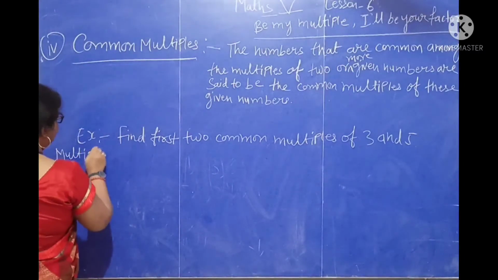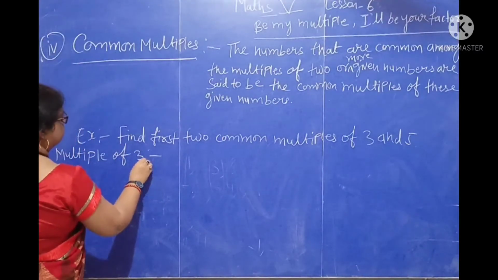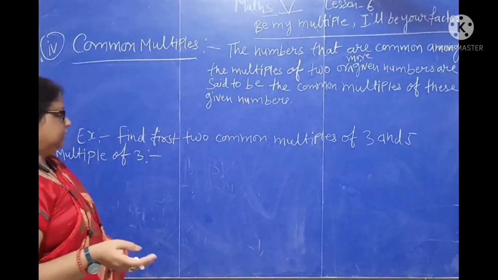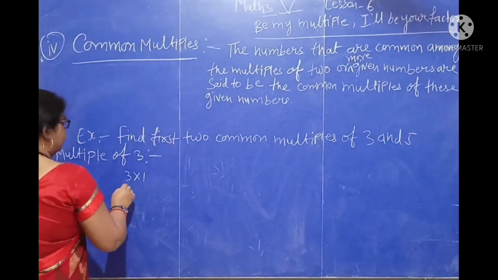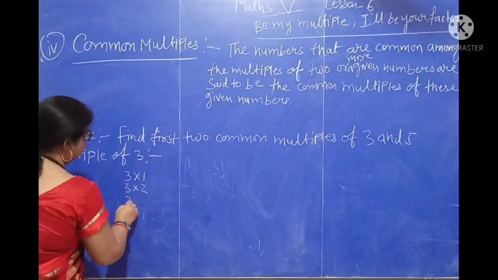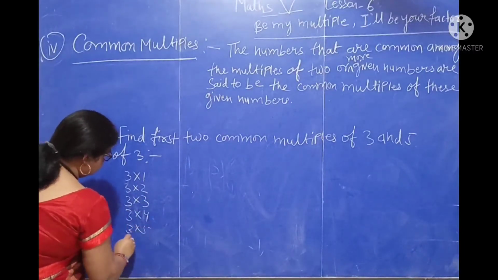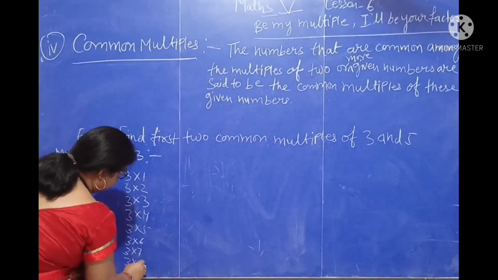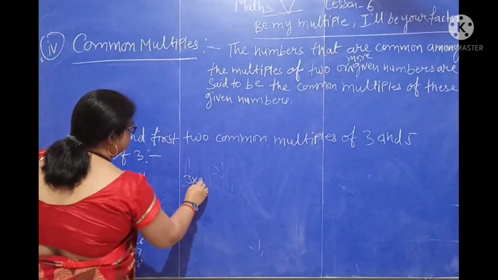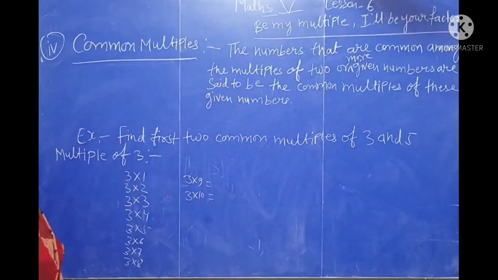First, we will find the multiples of 3. If we multiply 3 by 1, 3 by 2, 3 by 3, 3 by 4, 3 by 5, 3 by 6, 3 by 7, 3 by 8, 3 by 9, 3 by 10, we will find the multiples of 3 up to 10 times.